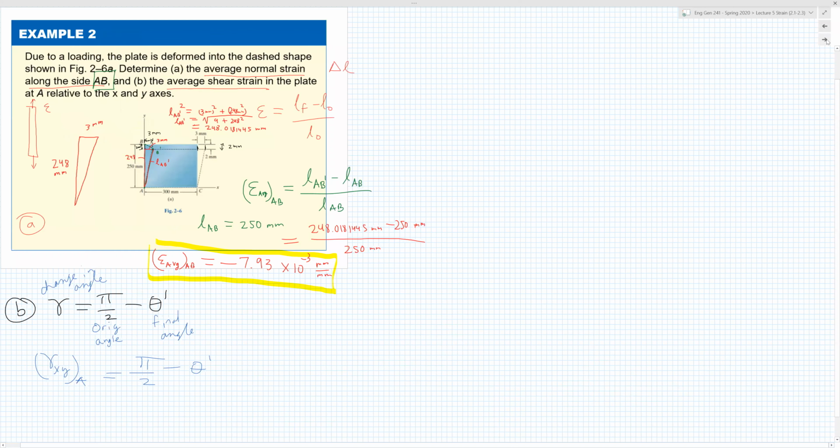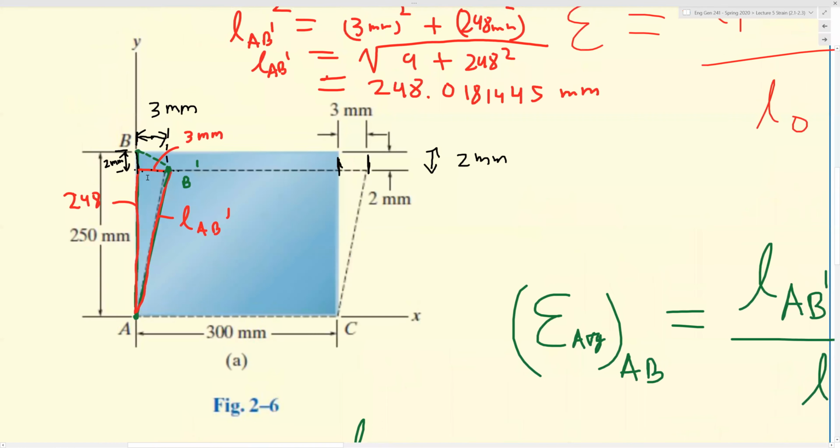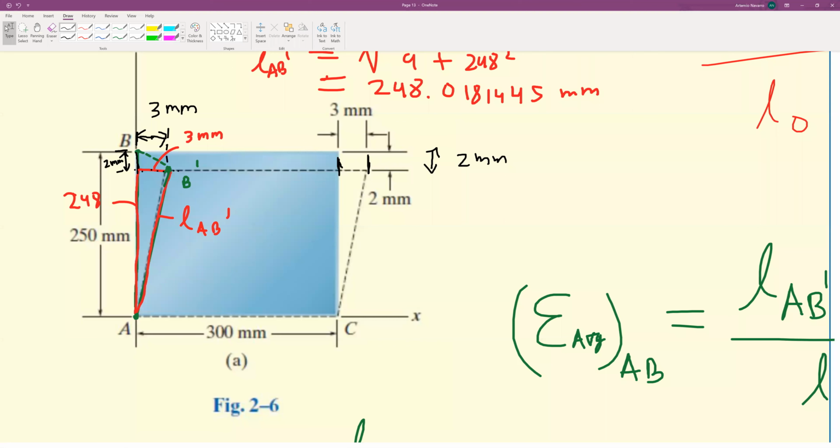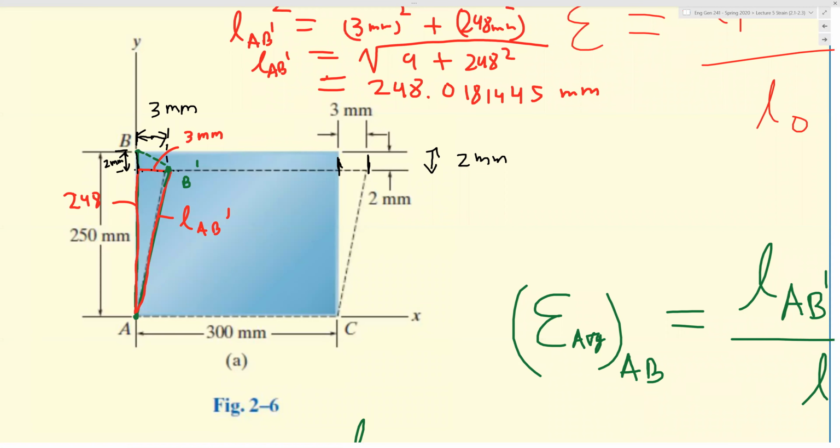Okay, so now let's think about this. I'm going to zoom in on the picture. The blue box was originally this angle theta, 90 degrees, right?